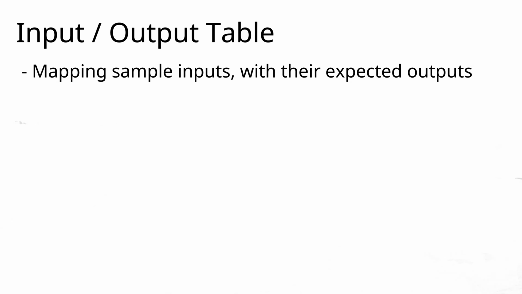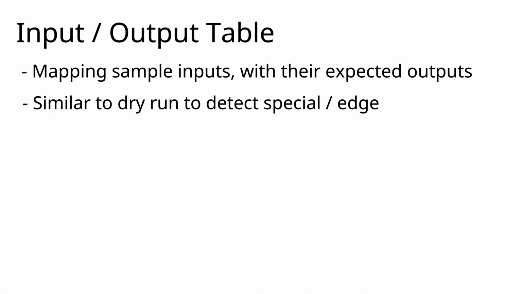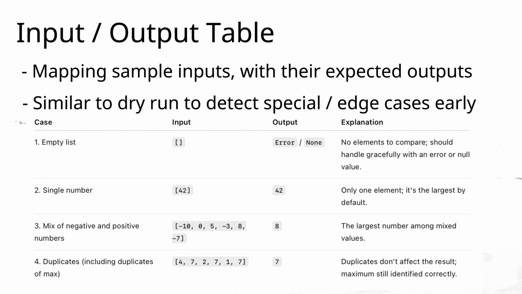Input-output table. It is about mapping out sample inputs with their expected outputs in tabular form. It is similar to a dry run, but used to detect special test cases early.